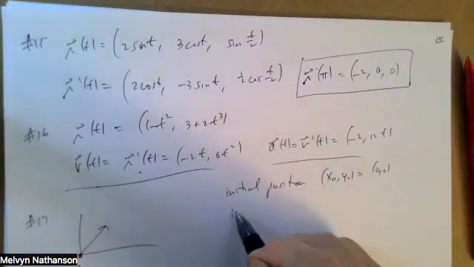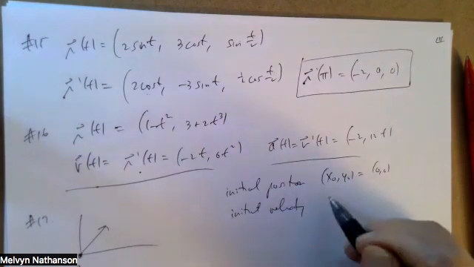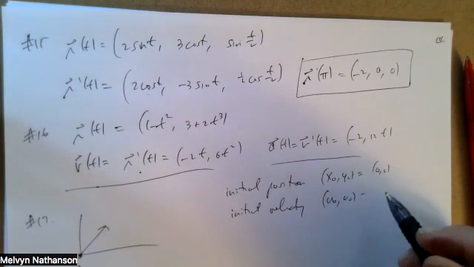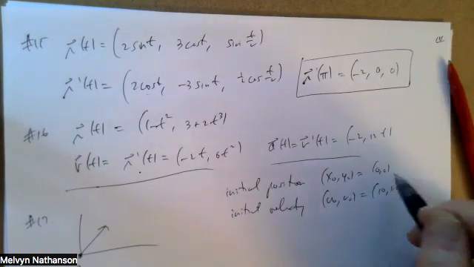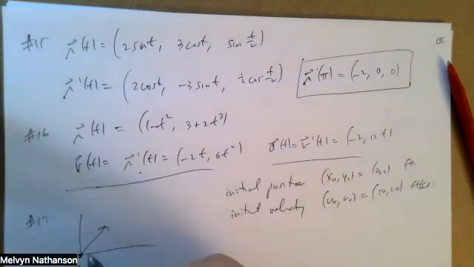You shoot it up into the air with an initial velocity, say u0, v0 are the coordinates 10, 20. So this is in feet, and this is feet per second.